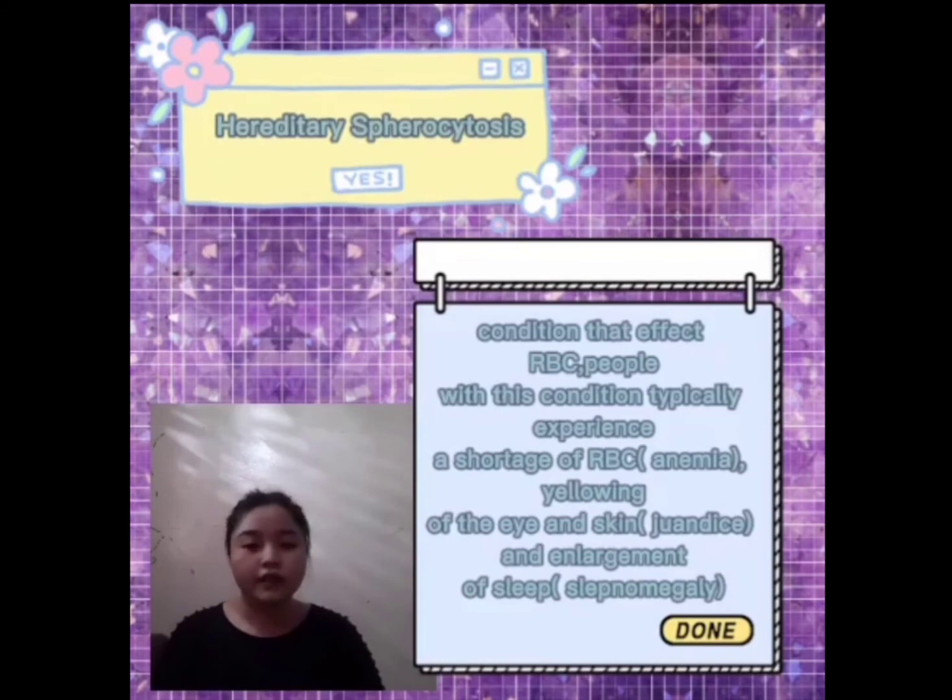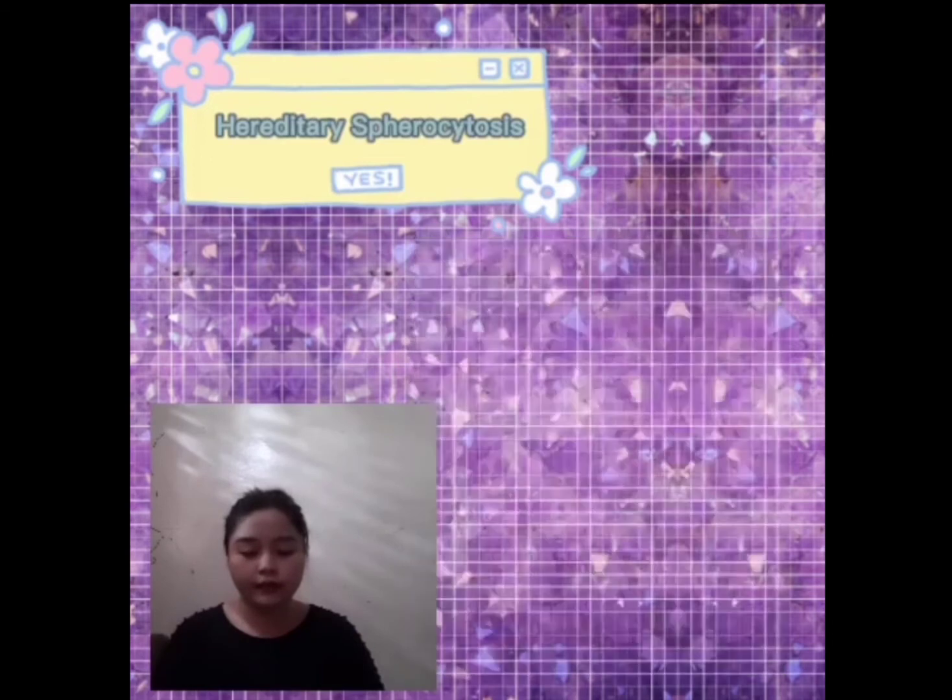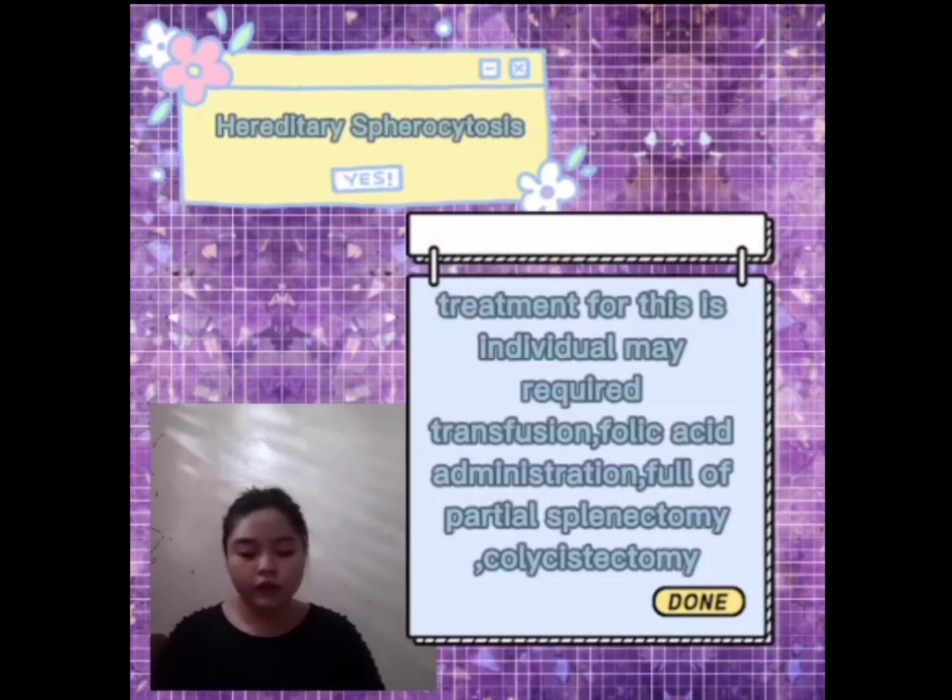The next one is the hereditary spherocytosis. Hereditary spherocytosis is a condition that affects the red blood cells. People with this condition typically experience a shortage of red blood cells known as anemia, yellowing of the eye and skin known as jaundice, and enlargement of the spleen known as splenomegaly. It is caused by a defect of the erythrocyte membrane.